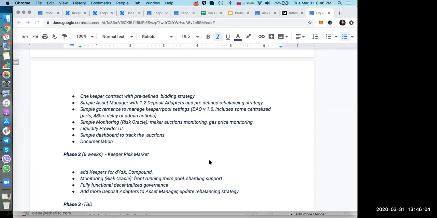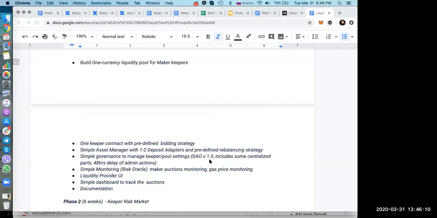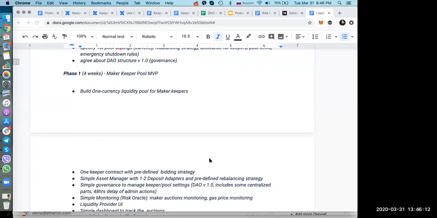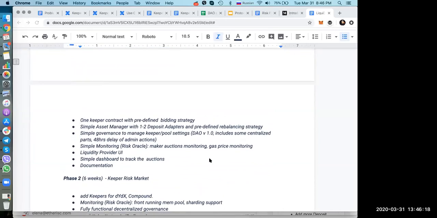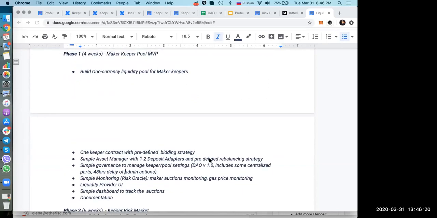When is the keeper expected to be running? The first keeper for the Maker pool will be up and running in 4 weeks. That is the outcome of phase 1. And for that to happen, what is the plan: to deploy full nodes, or to use some third-party nodes?